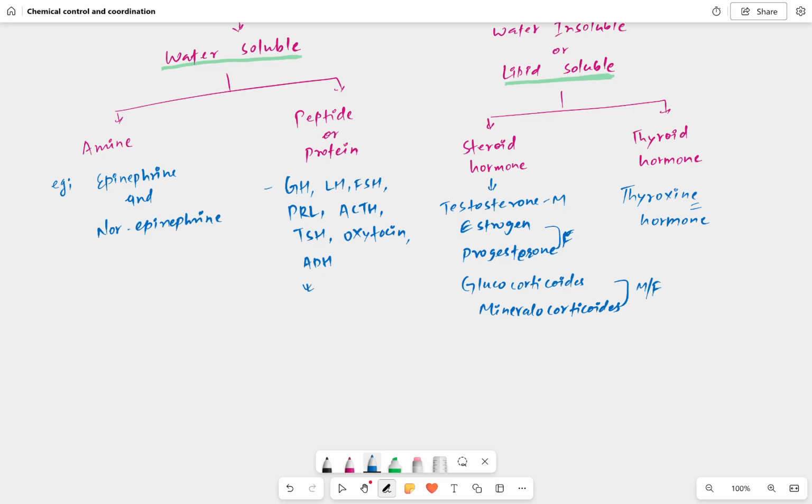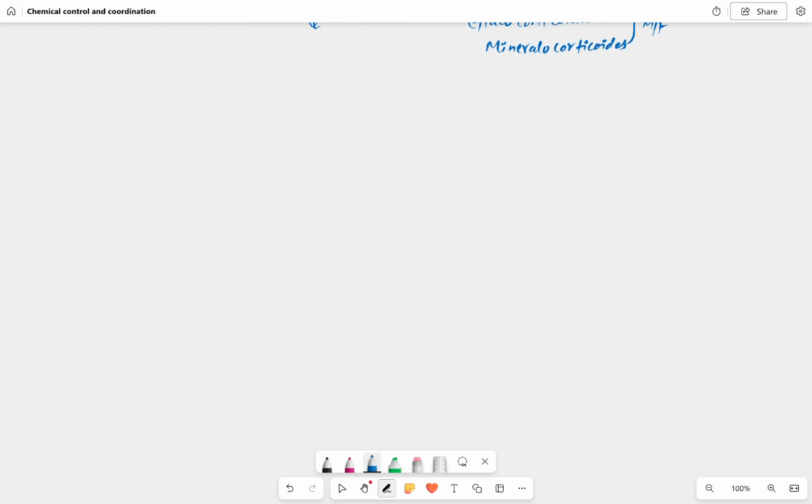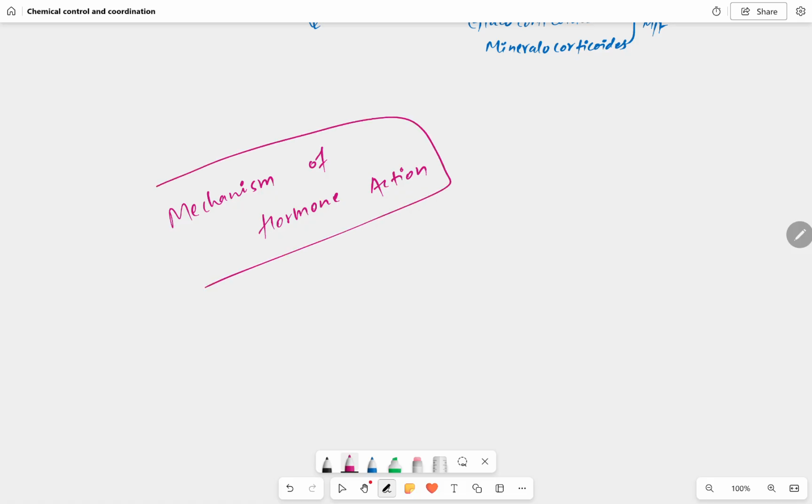We'll cover the mechanism of hormone action in the next lecture. After completing this chapter, we'll also cover the NCERT of this mechanism and the overall chapter of chemical control and coordination.